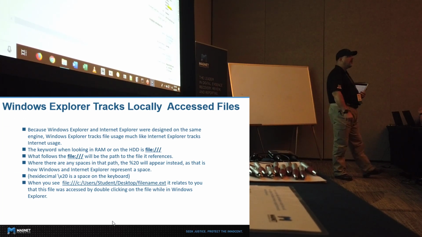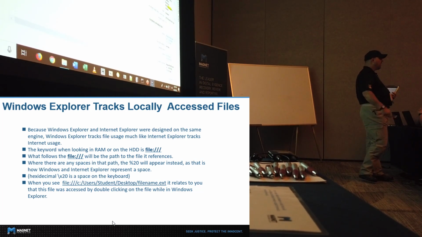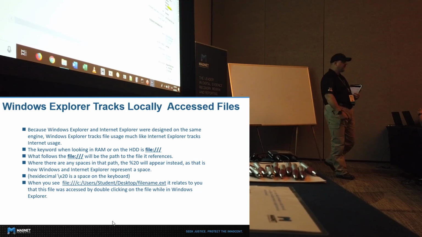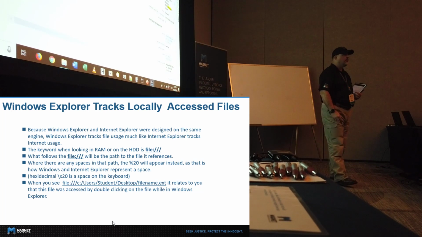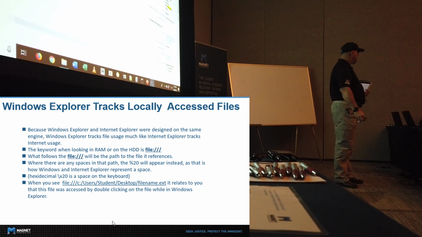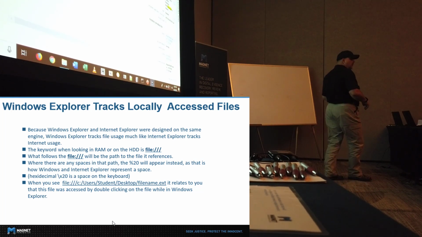Well, if you don't walk away with anything from this session, there are 4 nuggets you need to walk away with. This is one of them. I don't care if you have to write this down or take a picture of the screen. File colon slash slash slash is an indicator of a locally accessed file. Internet Explorer and Windows Explorer are on exactly the same framework.